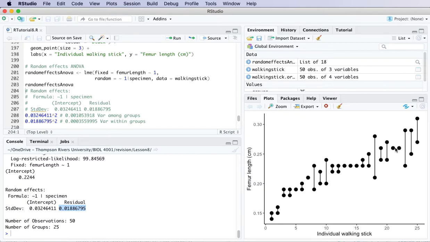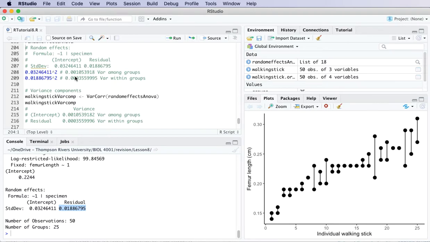There's a couple there that had the same measurement each time, so there's no variability for those two. But most of the others have some variability. There's a few more here that were the same measurement each time. Another one here. But if we think about the variability within each walking stick, that's what this quantity is. If we square this standard deviation for the residuals, we get the variance within the groups.